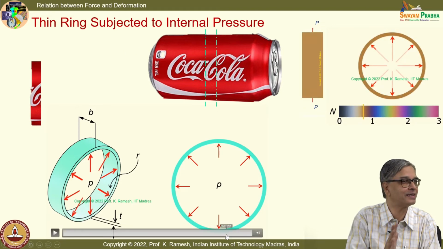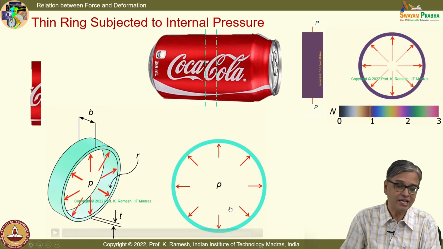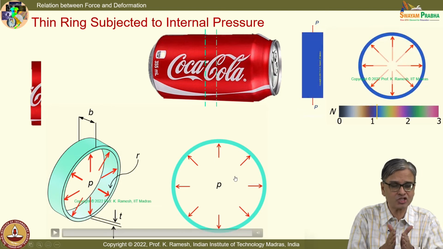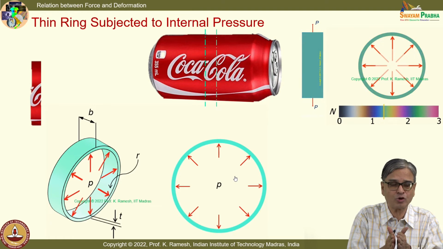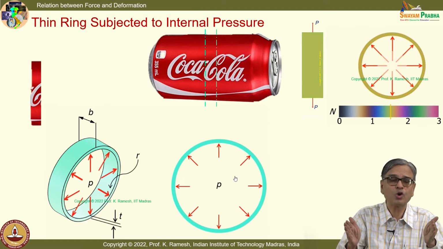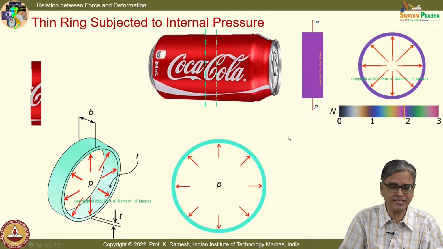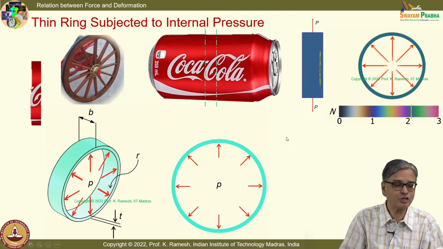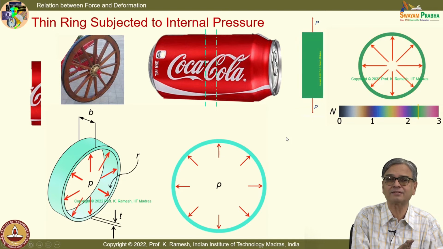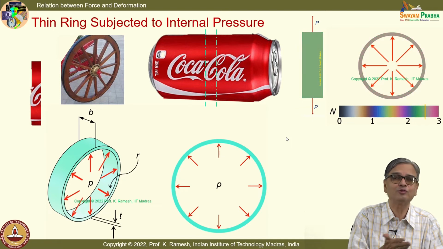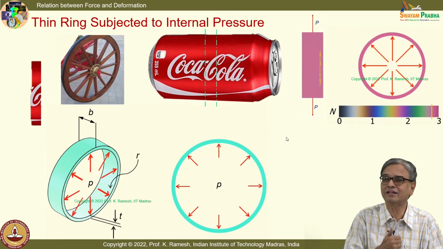Now, we have to go to mathematics and then get it done. If you actually solve this, it is not a thin ring, but it also has closed ends. I have taken this because that is what you see these days. Ideally, I should have taken a problem like this. When I was growing up, we used to see horse-driven carriages like this.